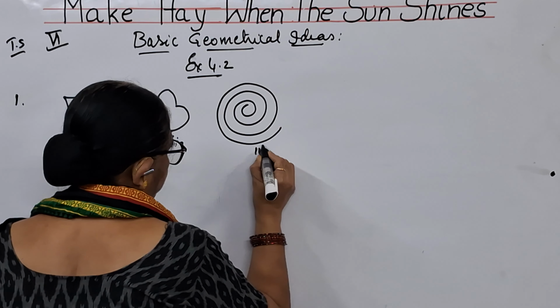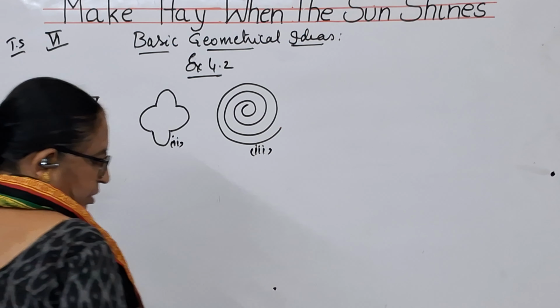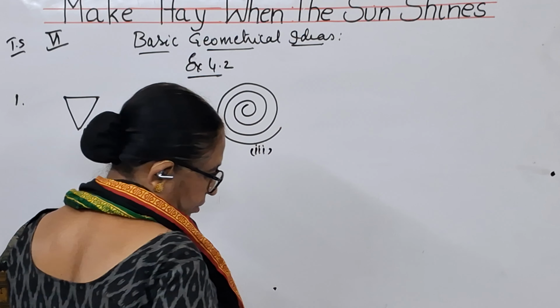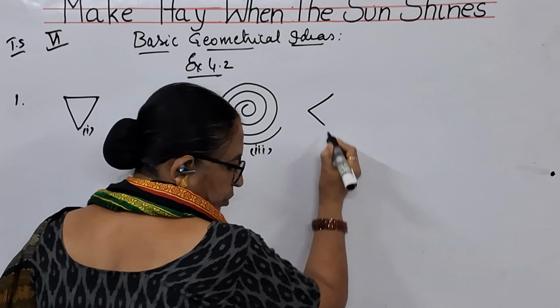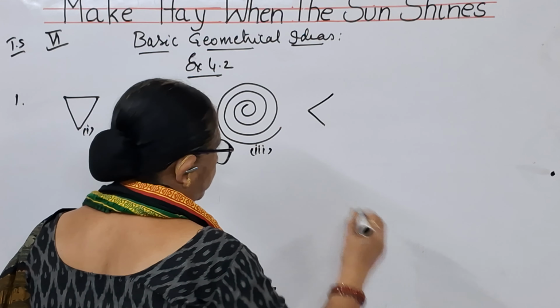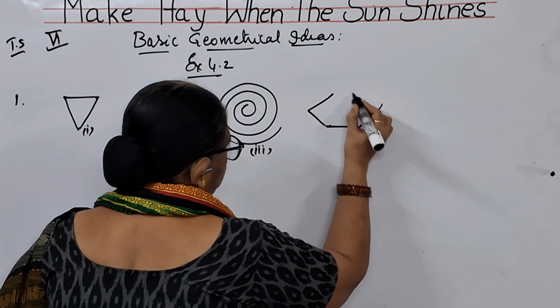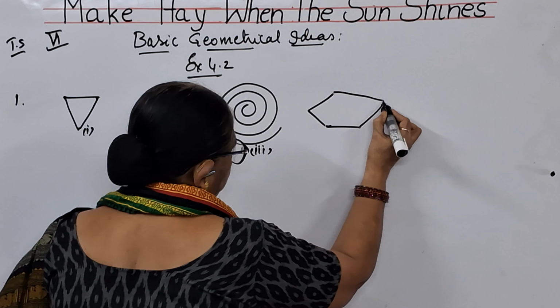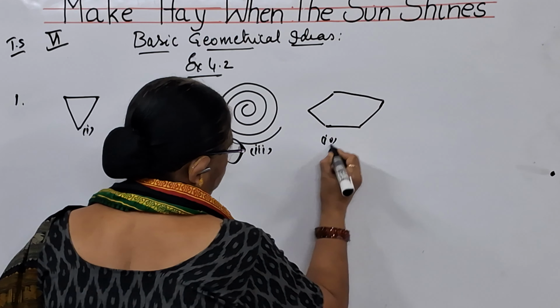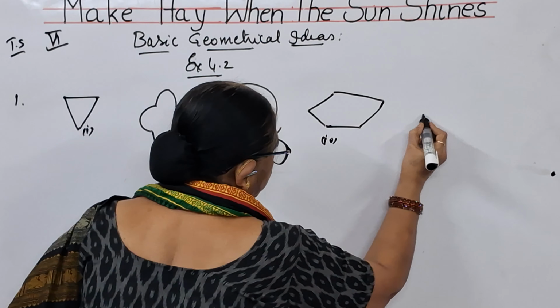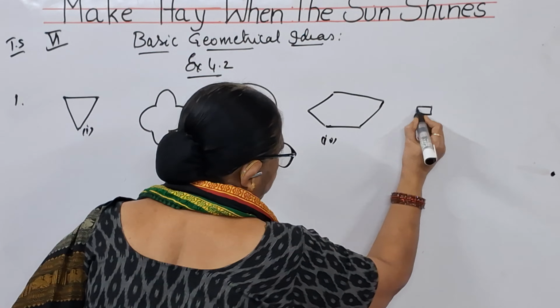This is the third figure. And the fourth figure, you have got 1, 2, 3, 4, 5, somewhat like this. This is the fourth figure. And the fifth figure is in this way.